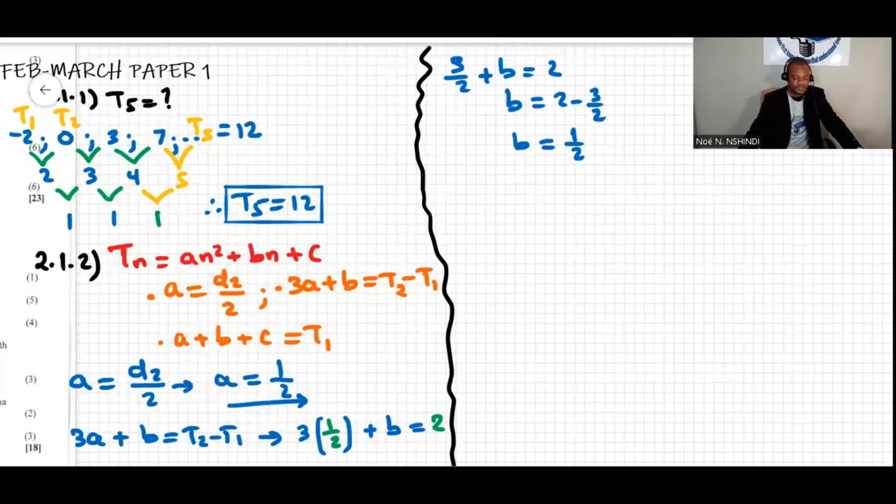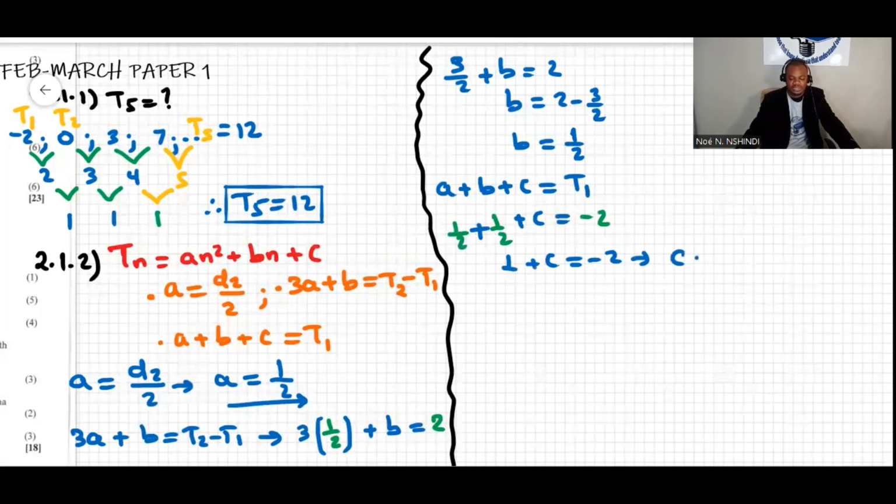Now we can also do a plus b plus c equal to T1. Now that we have a and b, we can substitute the values: a is 1/2, b is also 1/2, and T1 is equal to -2. Now 1/2 plus 1/2 makes 1, plus c equal to -2.